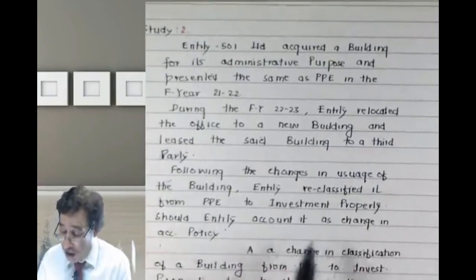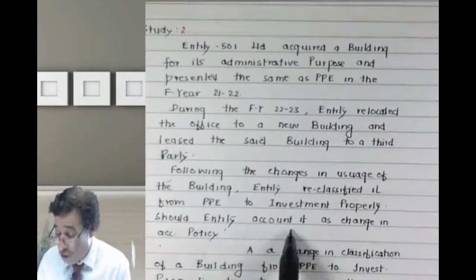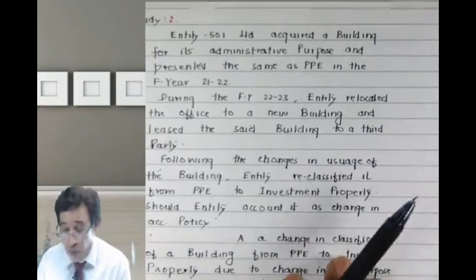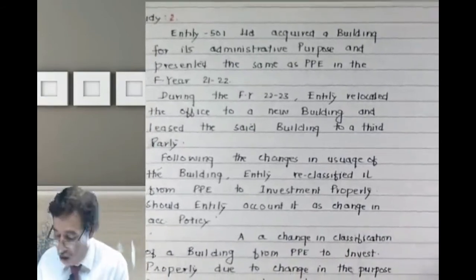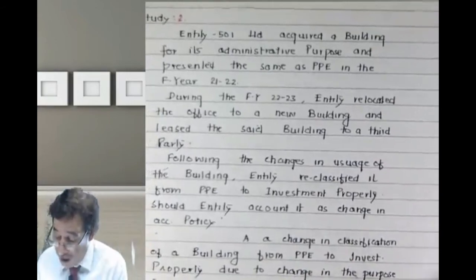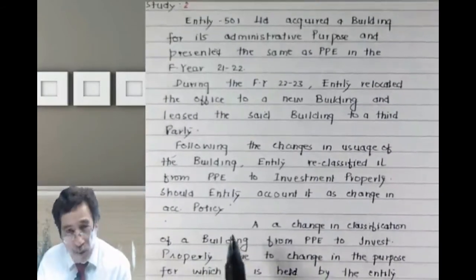Should the entity now account for it as a change in policy or not? But the point here is that this is not exactly a change in accounting policy. Why is it not a change in accounting policy?